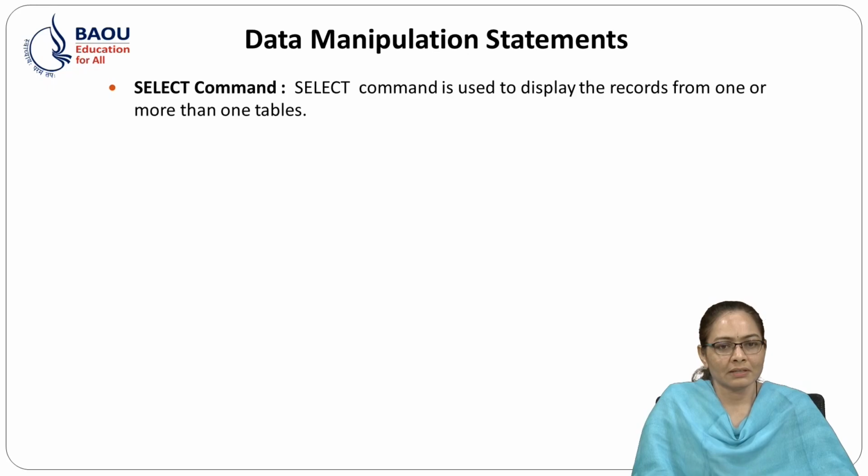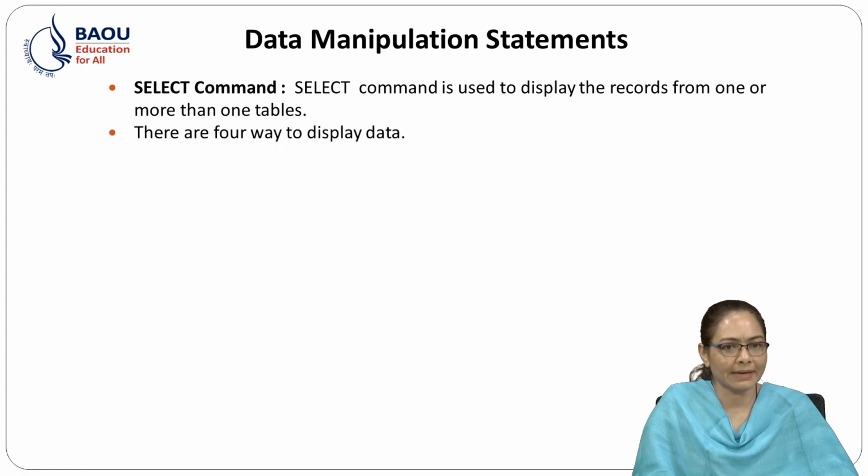Now the next one is the select command. The select command is used to display the records from one or more tables. There are 4 ways to display the data. First one is all the columns and all the rows.